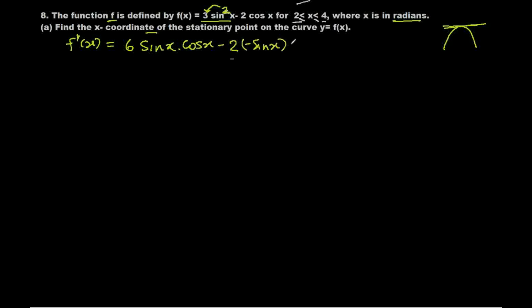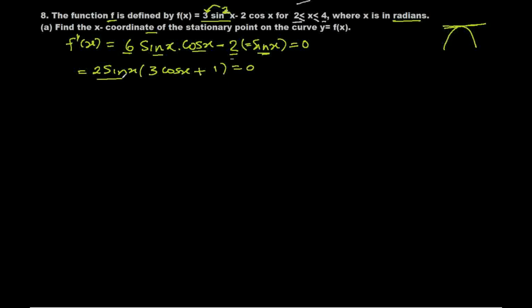Okay, and this has to be equal to 0 for the stationary point. So do we have something common? Yes, sine x is here and here. So 2 also can be taken common, which will be equal to 2 sine x taken common, 3 from here and cos x here. 2 is already out, sine is already out, and this negative is going to give us positive, and nothing left, 1, equal to 0.